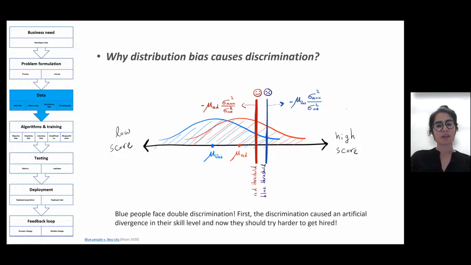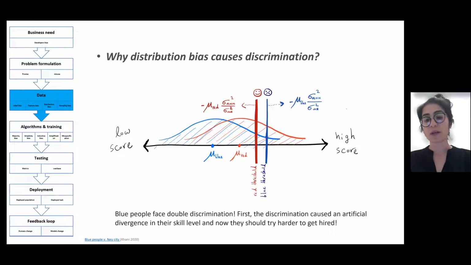And now, because we want to find the optimal threshold, we have a higher threshold for blue people versus red people to get hired. So blue people have been discriminated against first, and they are in a group that has a lower skill level, and now they should try even harder to get hired.